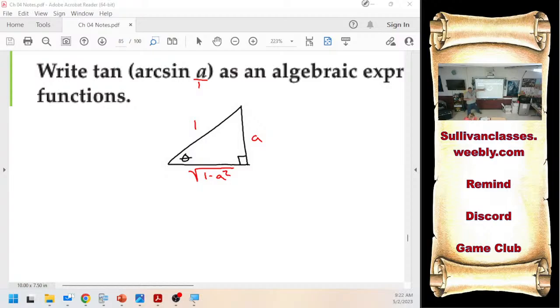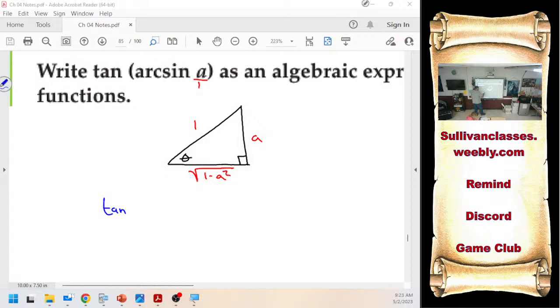Are we okay to this point? All I said was arcsine of a. I'm able to make a triangle and show you where that is. I'm able to do Pythagorean to the missing side. Now, go find the tangent of that angle. Tangent is what over what? Opposite over adjacent.